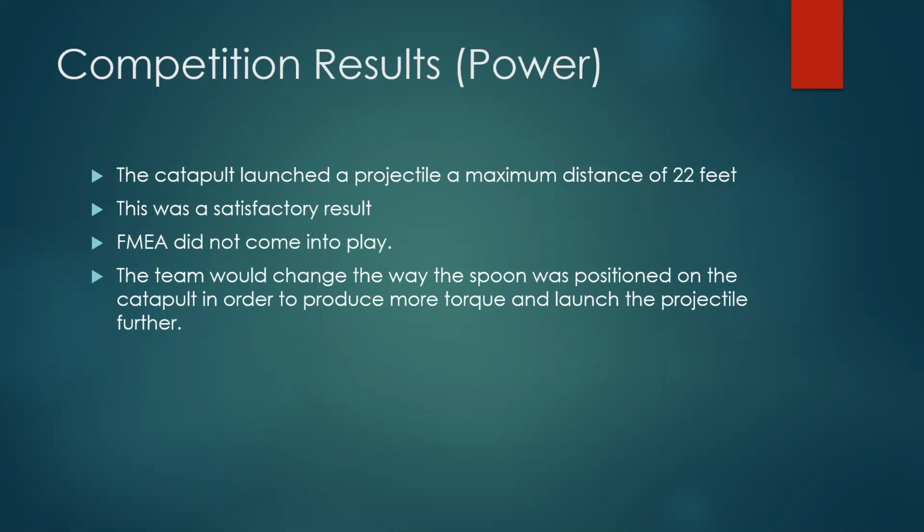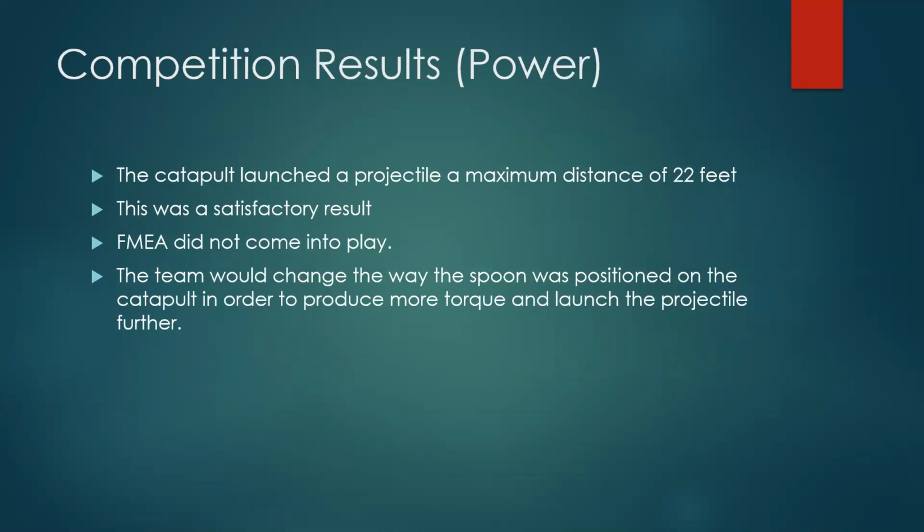So after the competition, for the power portion of the competition, our catapult launched a projectile that reached a maximum of 22 feet. And this is a pretty good result for our catapult, since its max distance during our testing trial was around 20 feet.